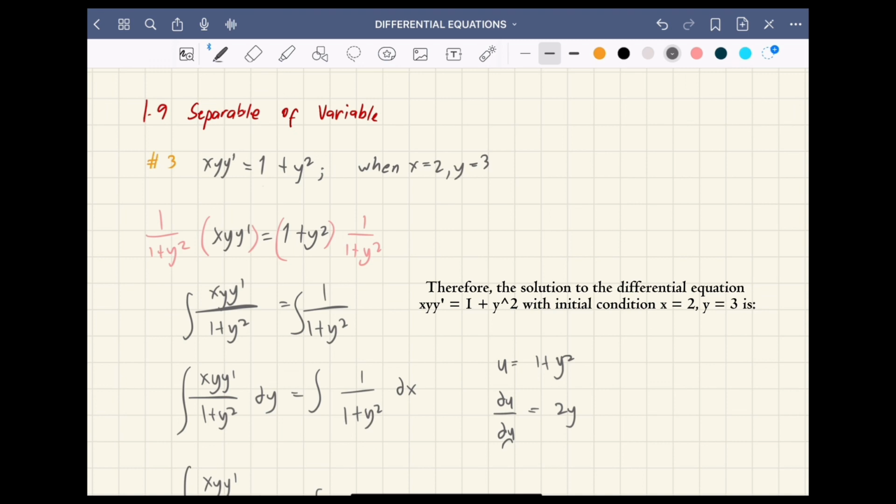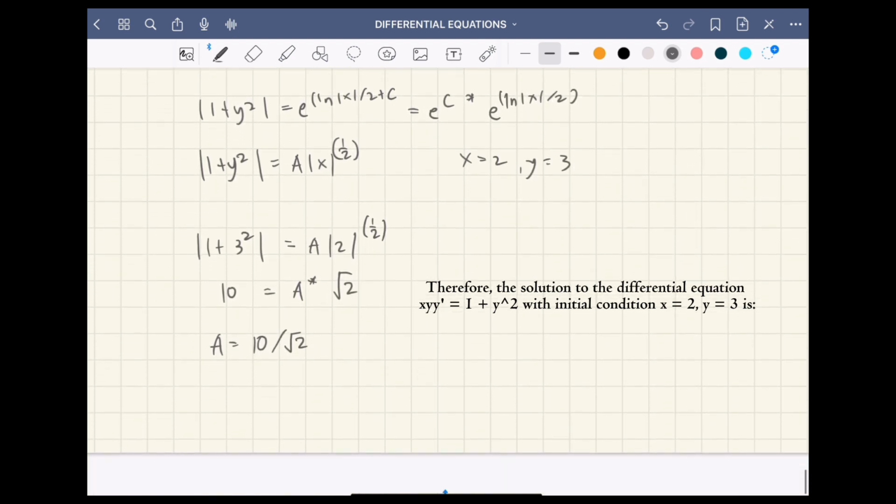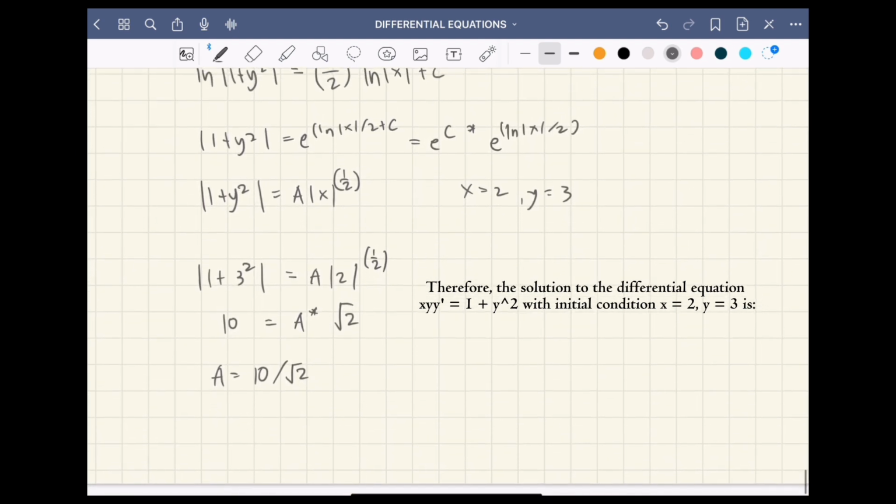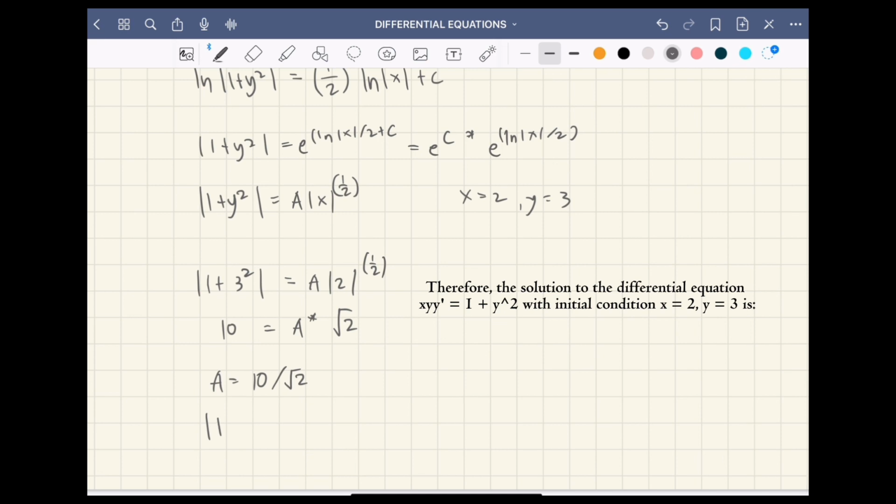Therefore, the solution to this differential equation xy y prime equals 1 plus y squared, with the initial condition x equals 2 and y equals 3, is 1 plus y squared equals 10 over square root of 2 times x raised to 1/2.